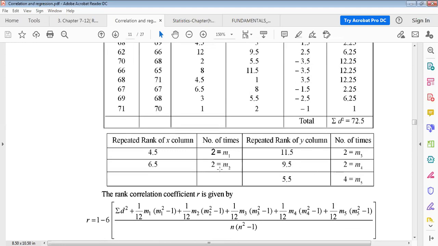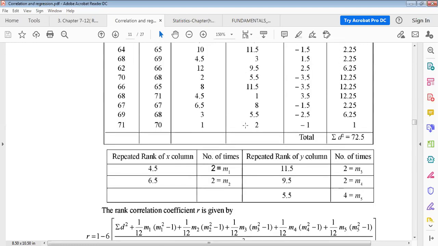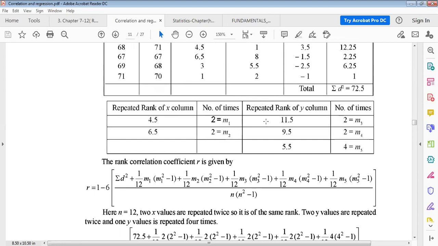So M1 equals M2 equals 2 for these two repeated ranks, and M3 equals 2, M4 equals 2, but M5 equals 4, because rank 5.5 occurred four times. Now putting these values from the table and the repeated rank numbers into this big equation.